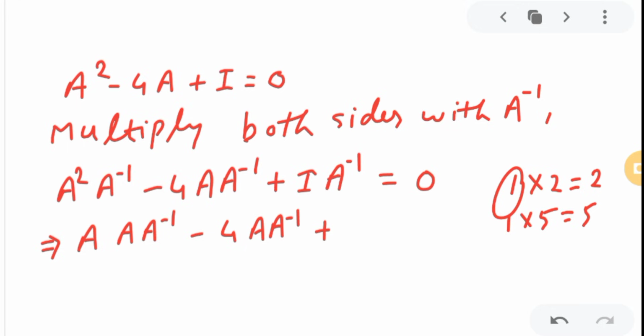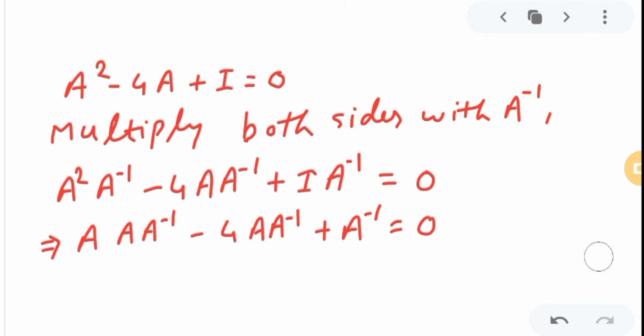Similarly, in matrices, I into some matrix acts as 1; that is called the identity matrix. It will be A only. So I into A inverse will be A inverse only. It will not impact that matrix. The matrix will be as it is. I is nothing but 1, like in numerics, 1 into minus 2 will be minus 2 only. Similarly for the identity matrix.